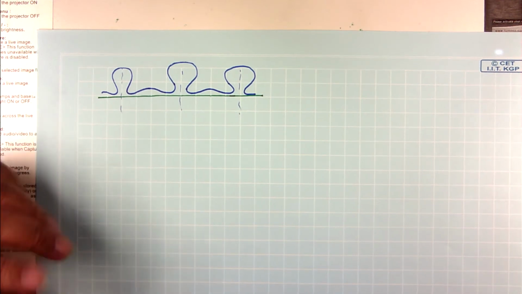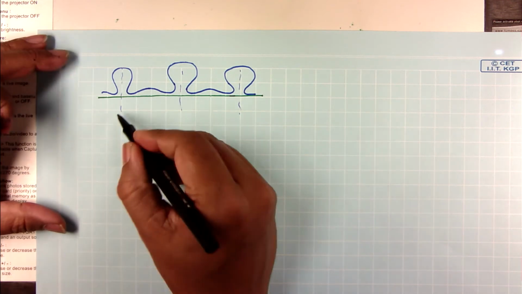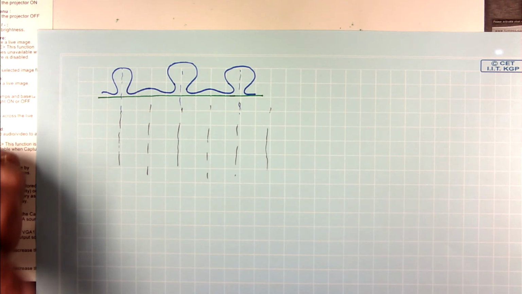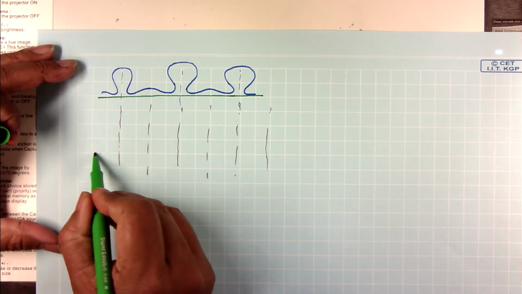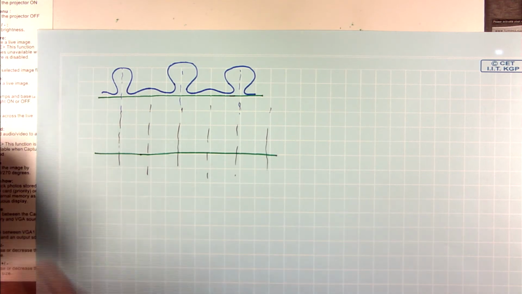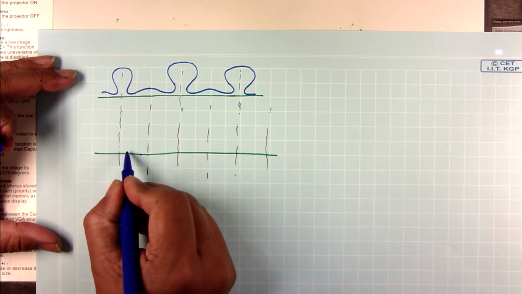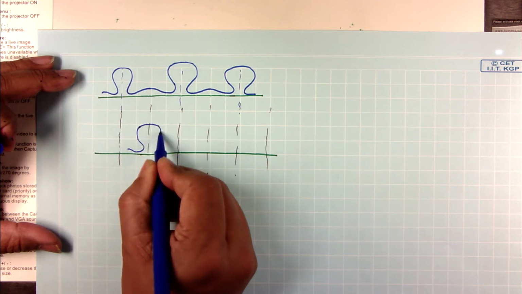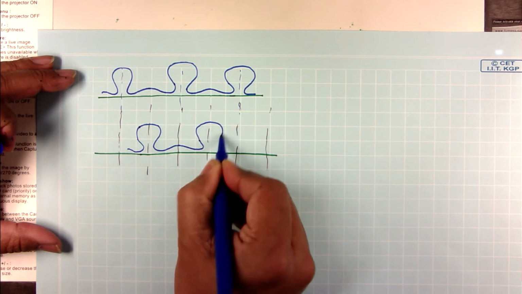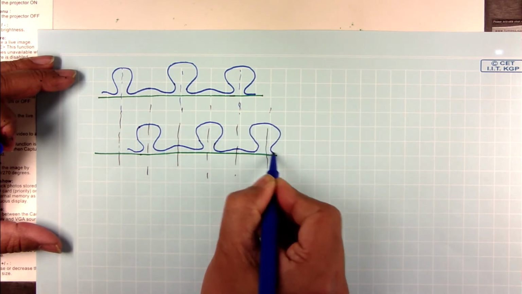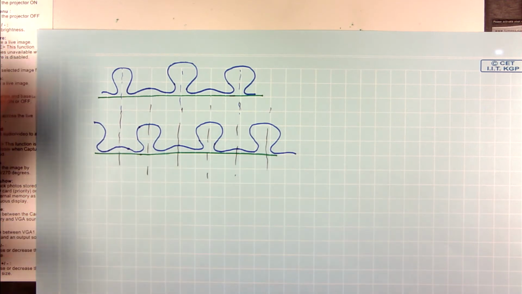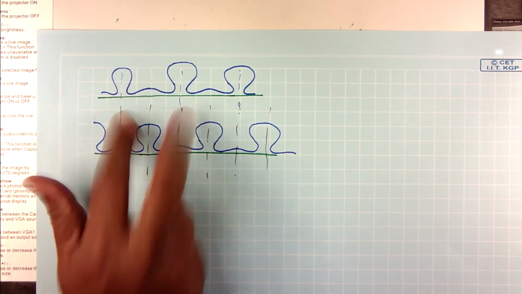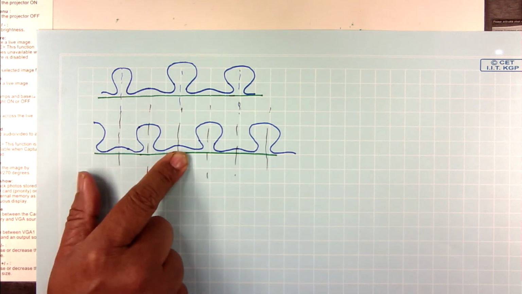In the second half of the cycle, what was the intervening space between the two bubbles, that generates a bubble, and wherever you had generated a bubble, that becomes the intervening space.